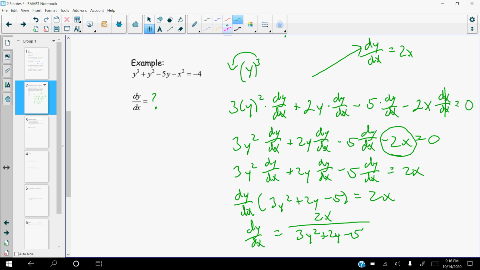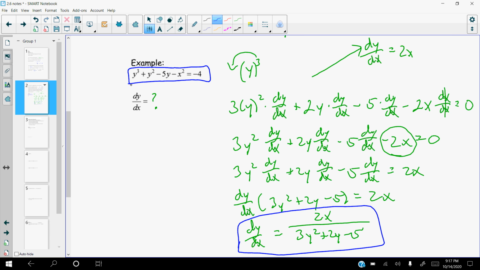And one thing I really want to point out here, this derivative is different than every other derivative we've done so far. If you've been looking at it, you might think, wait a minute, there is something different about it. This derivative has y's in it, not just x's. What that tells me is that the slope of this equation is not only dependent upon x, it is also dependent upon the y value.